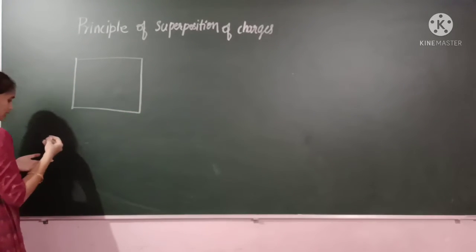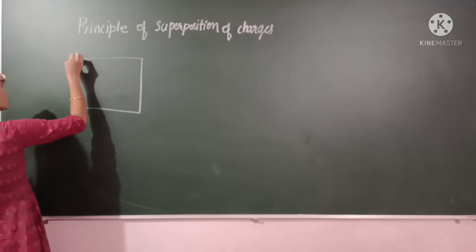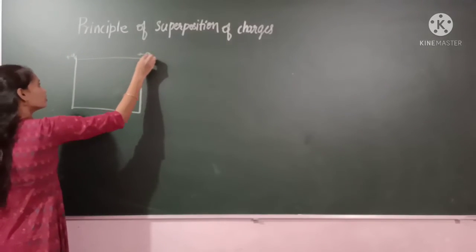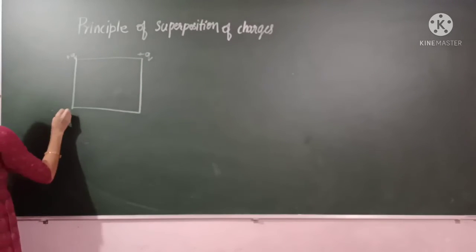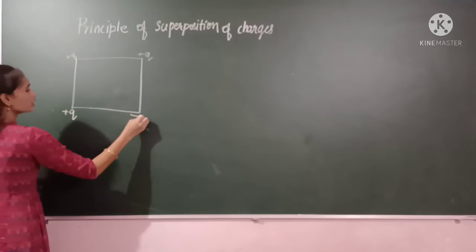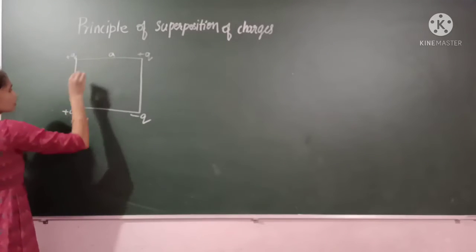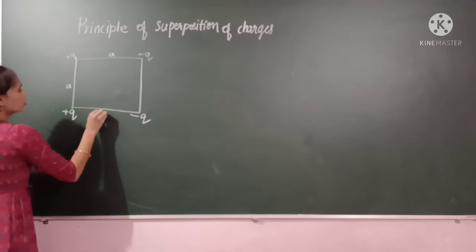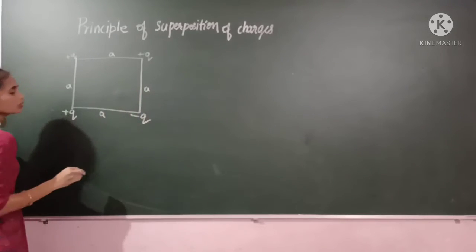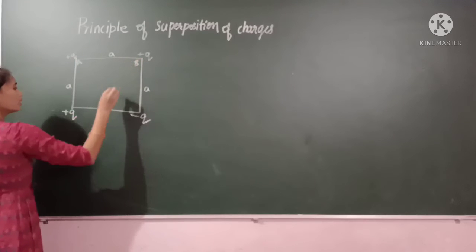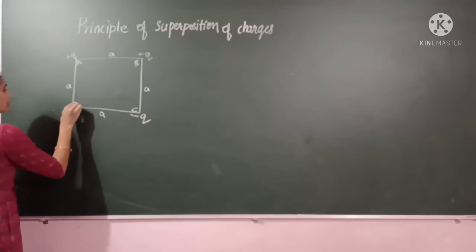All four sides are equal, since a square means all sides are equal. So a plus q charge, plus q charge, plus q charge, and here we will take one minus q charge. Now we will label the corners A, B, C and D.